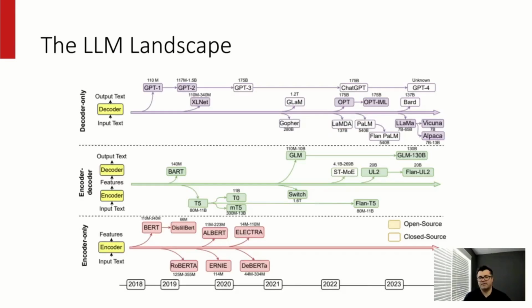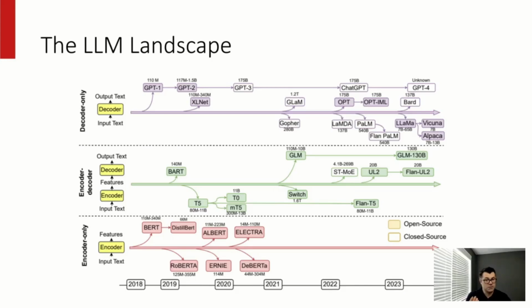When it comes to large language models, this is an overview of everything that has been put out. Well, not everything. Some of the most recent things are not on here, but you will see development started somewhere around 2018. We had BERT that came out, and the first version of GPT-1. And then there's been quite a bit of activity.